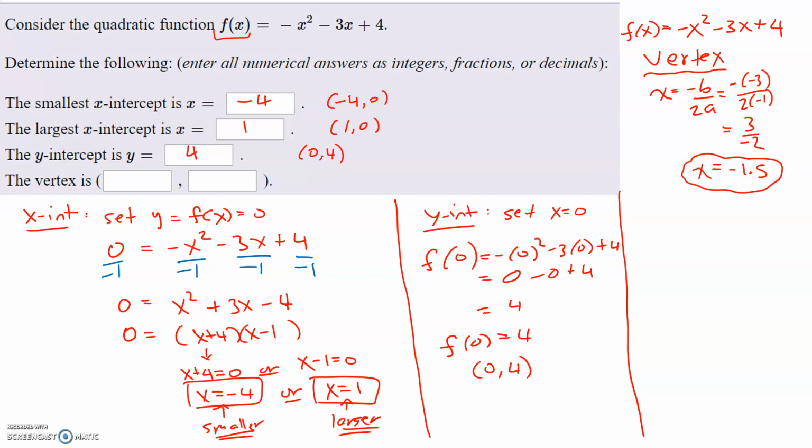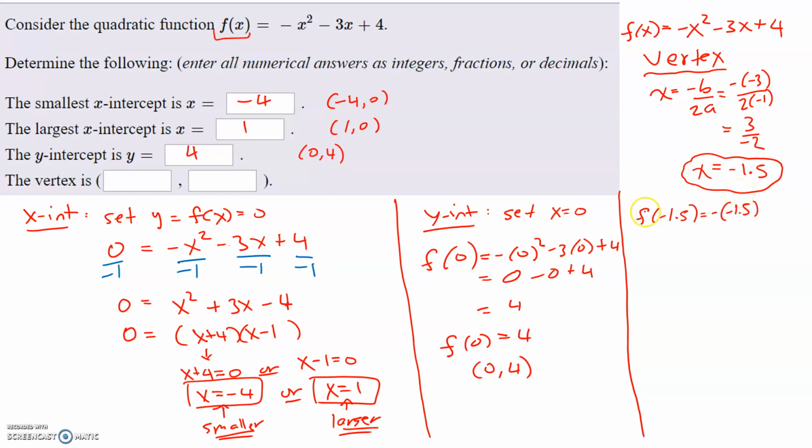Now we're not quite done yet, because remember that we still need to find the y-coordinate. So in order to find the y-coordinate, we simply need to plug in x equals negative 1.5. So we're basically trying to figure out what is f of negative 1.5. You know what?